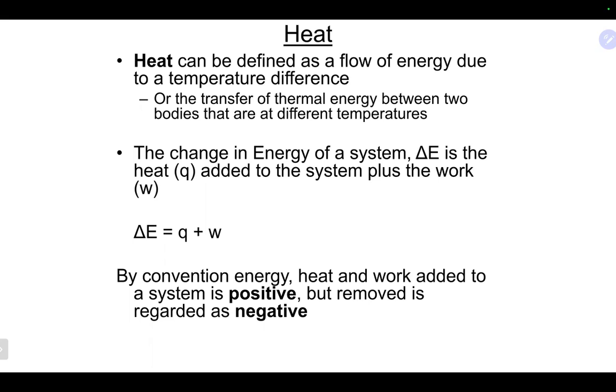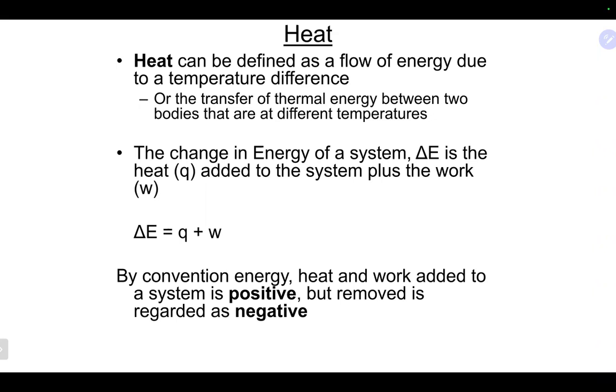Work could be positive or negative. The work could either be done on something, or work can be done on the system. By convention, it could either be positive or negative, and that'll give you the change in the energy by really just adding those two values together.